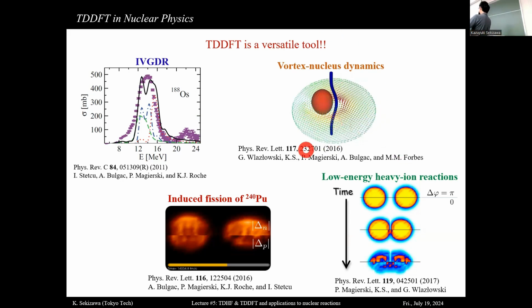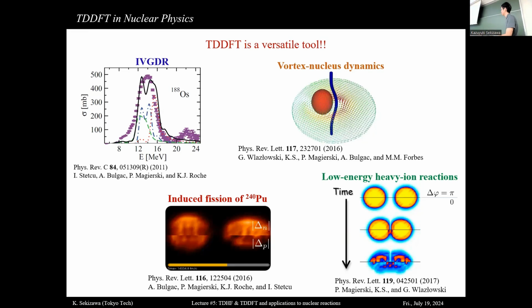Anyhow, based on TDDFT, we can describe a variety of phenomena without empirical parameters. We just use the same energy density functional that describes all the properties of finite nuclei and nuclear matter, and then we can get those results after just some days of calculation.